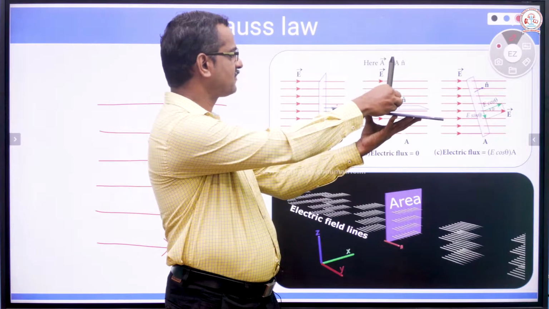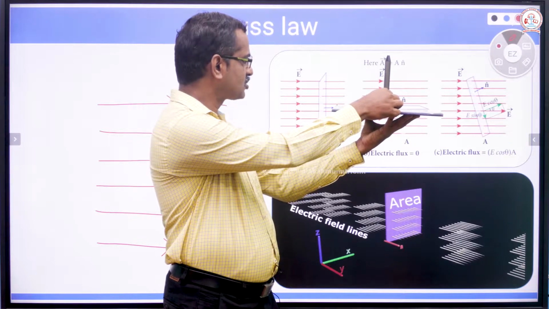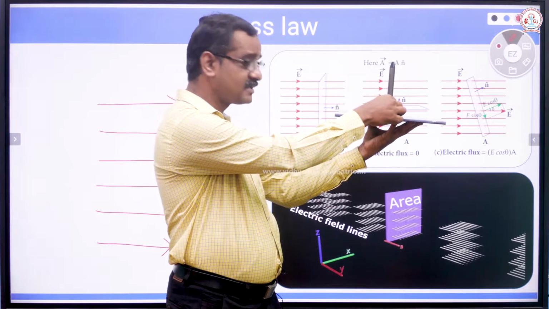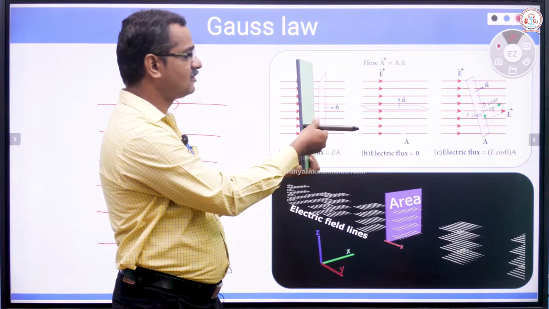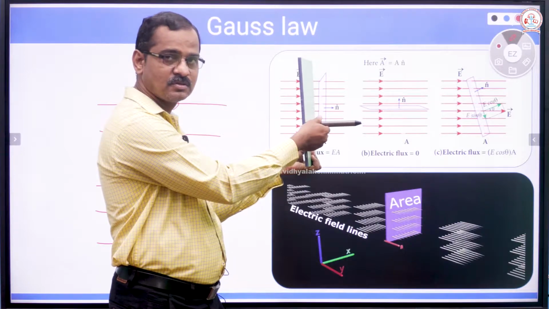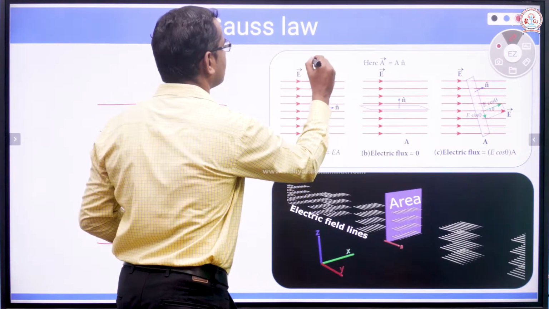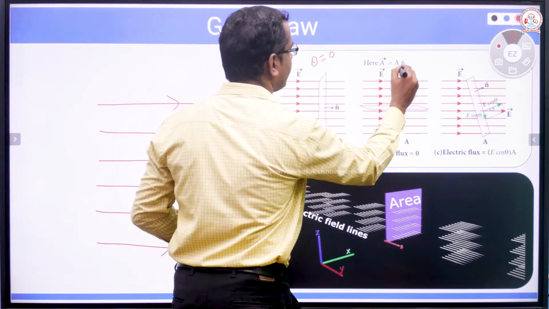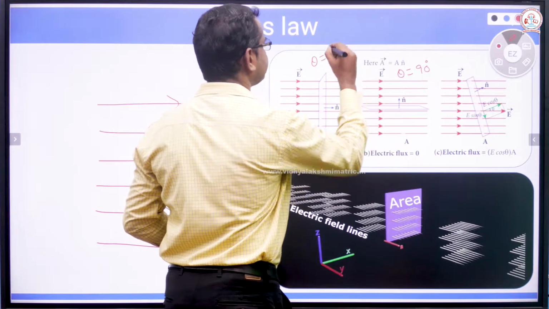The angle between the electric field and the normal to the surface is 90 degrees. In the first case, the angle between the normal to the surface and the electric field line is 0. Theta is equal to 0 here, and here theta is equal to 90 degrees.